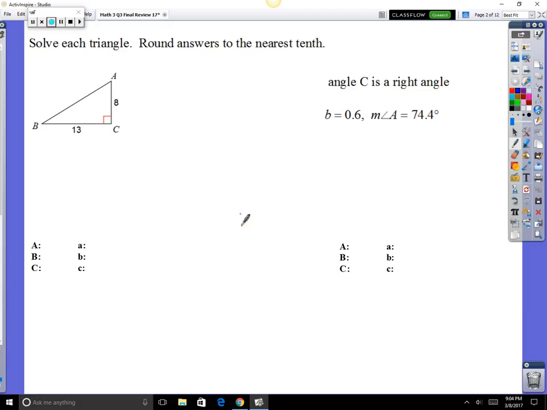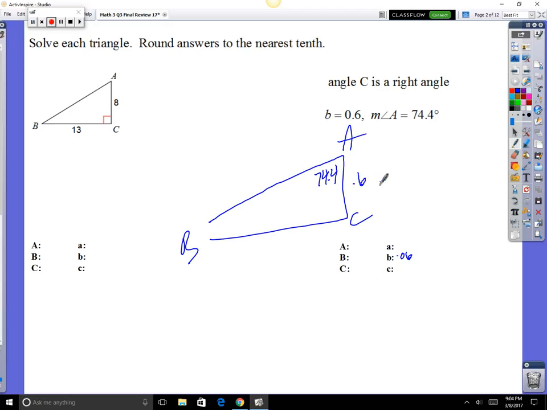And this one you kind of draw your own triangle. You can even make it look just like the one on the left, ABC. Okay, little b is 0.6, so that's one feature. Angle A is 74.4. Angle C is 90.